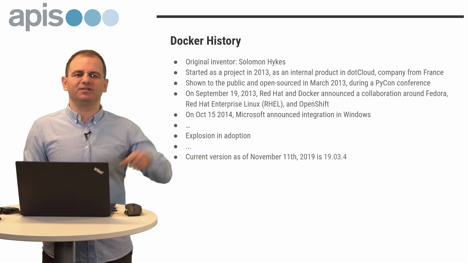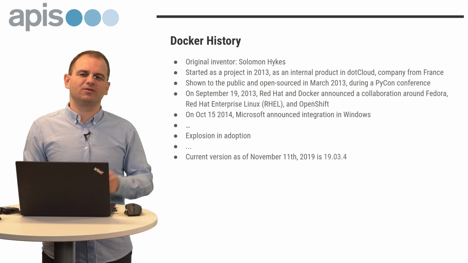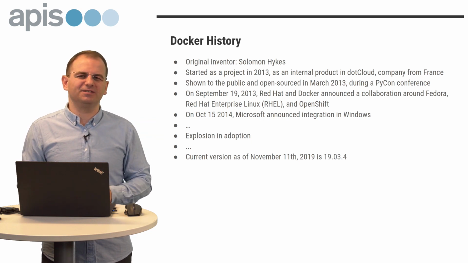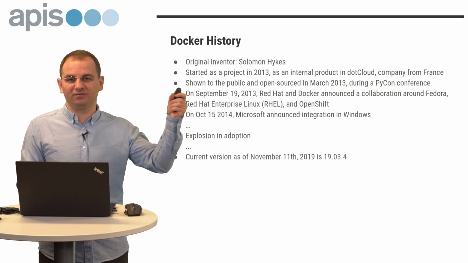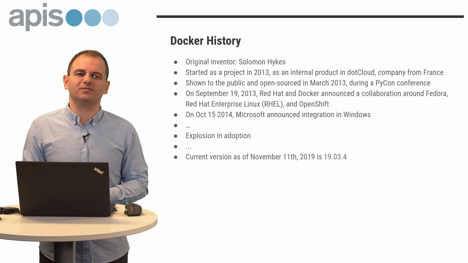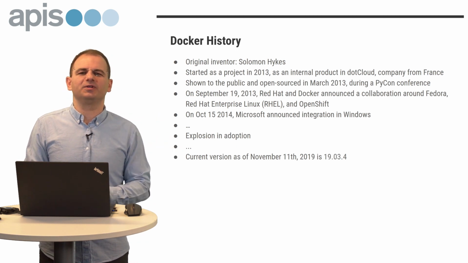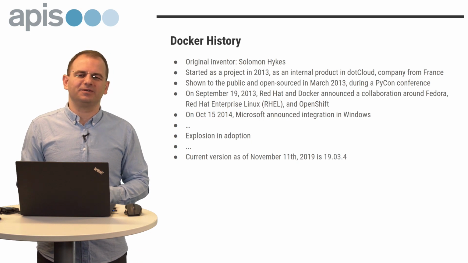The original inventor was Solomon Hykes. He created the Docker company back in 2011 with another guy, but he is the inventor of Docker. And he started the Docker project in 2013 as an internal product in a company called .cloud somewhere in France.